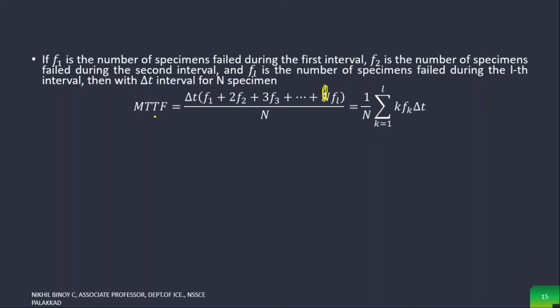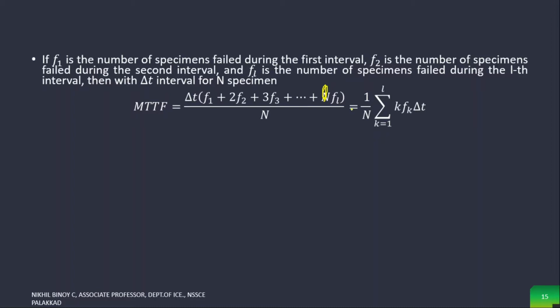So mean time to failure, if delta t is not equal to 1, is delta t into f1 plus 2 f2 plus 3 f3 plus L into FL divided by capital N, where delta t is the period of duration, f1, f2, f3 up to FL are the number of failures during the first interval, second interval, up to the last interval L, and capital N is the initial population or number of specimens tested.